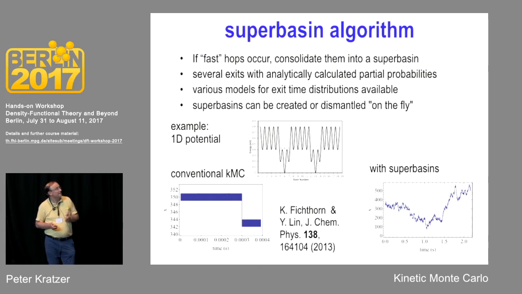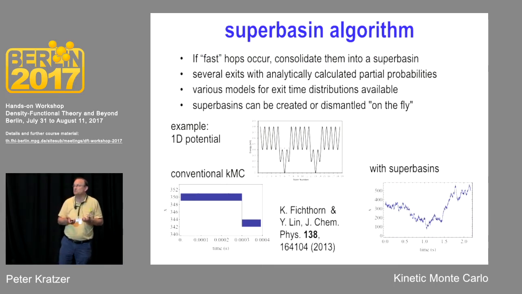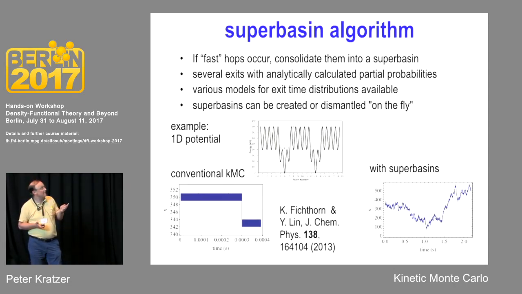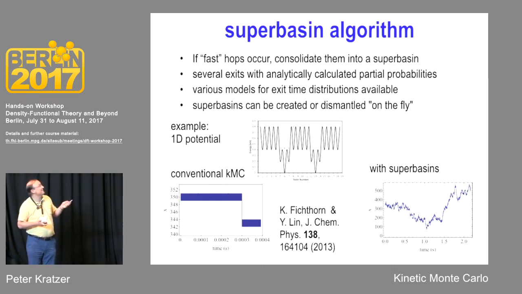This slide here points out one frequently encountered problem and its solution in Kinetic Monte Carlo. Now you can have a situation, I mean, this is here a potential, and here you have some minima. And if the particle sits in this minimum, it will jump back and forth many times before leaving this well. So in this time, you get a simulation that looks like this here.